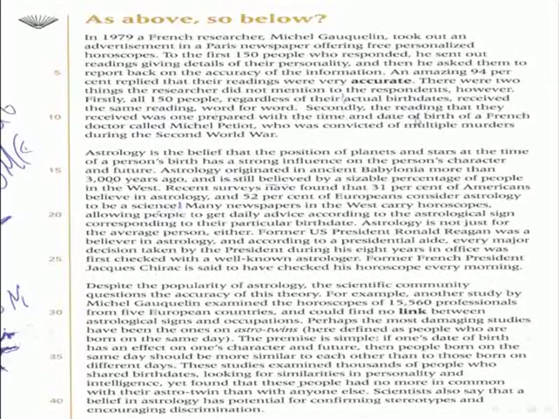Secondly, the reading that they received was one prepared with the time and date of birth of a French doctor called Michel Pichot, who was convicted of multiple murders during the Second World War. This is 10, this is 11, this is 12. Here you find the evidence. It's false. Okay, let's go on.